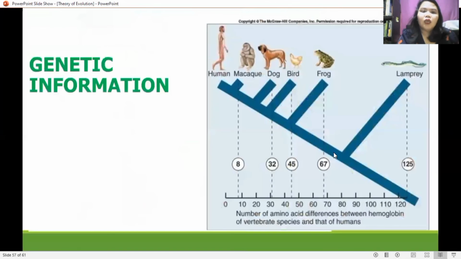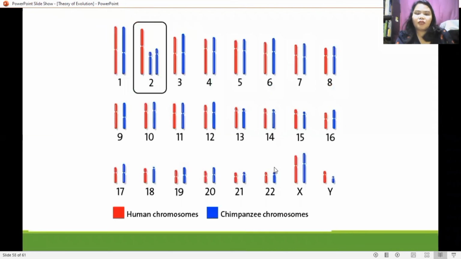This one denotes a common ancestor, which can be observed during their embryonic development. And then another evidence of evolution is genetic information, under amino acid differences between hemoglobin. I have here the human, macaque, dog, bird, and frog. As you can see, we are closely related to the macaque or the apes, which are the chimpanzees. Then this is the comparison of human chromosomes and chimpanzee chromosomes.